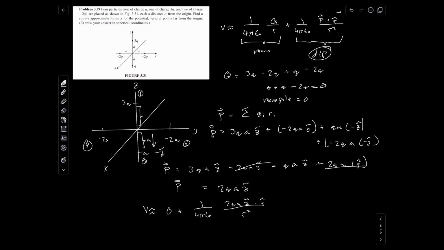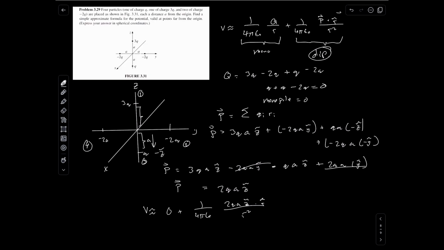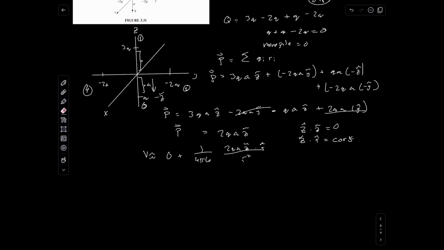And since Griffiths wants us to express our answer in spherical coordinates, we know that z hat dotted with r hat equals cosine theta. So for our final answer, it is simply approximately 1 over 4 pi epsilon naught times 2qa cosine theta over r squared.